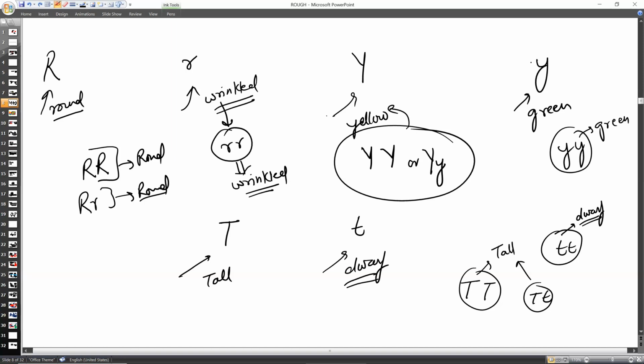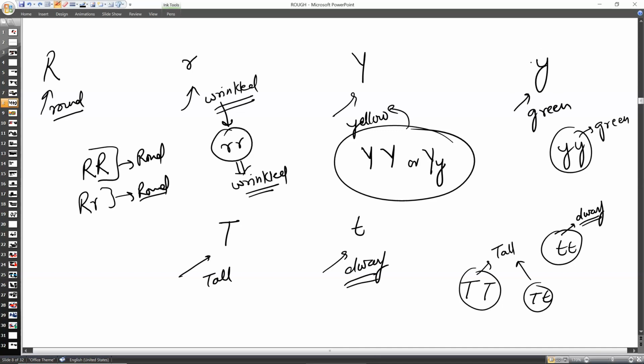Like in the previous one, since tallness is dominant over dwarfness, we take capital T for tall and small t for dwarf. Similarly, in the F1 generation, when we cross round yellow with wrinkled green, we get all round yellow. So yellow is dominant: for yellow we take capital Y, and for green, small y. Got it?